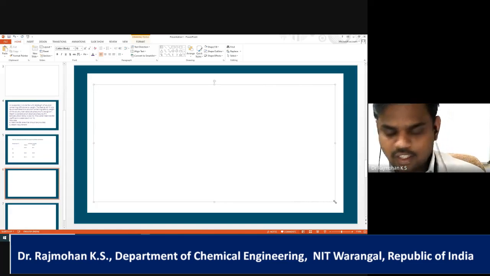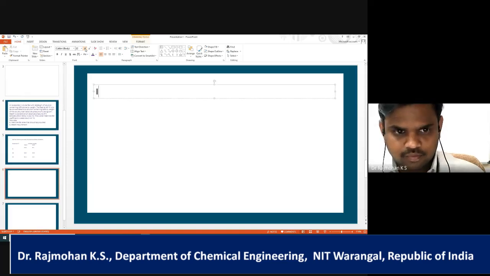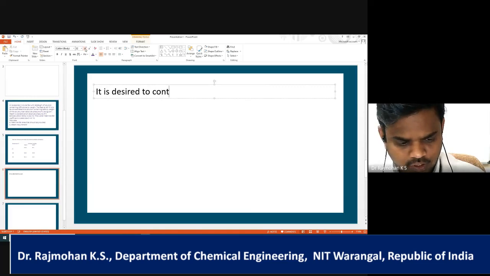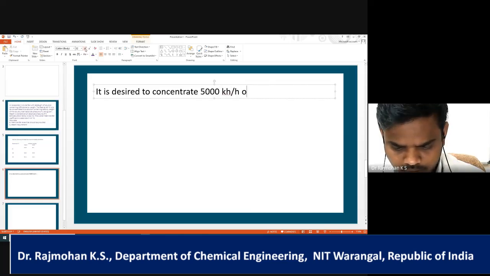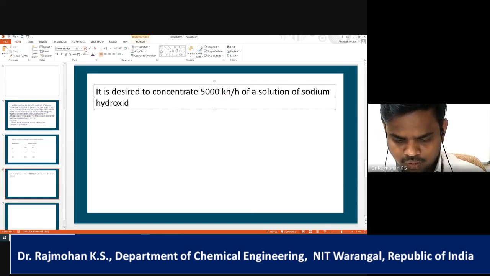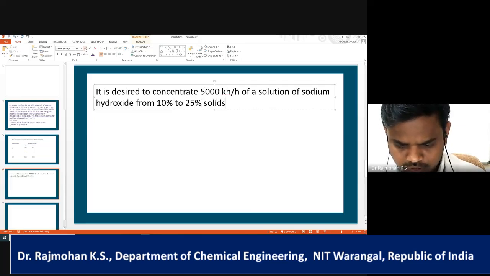It is desired to concentrate 5000 kg per hour of a solution of sodium hydroxide from 10 percentage to 25 percentage solids in a single effect evaporator.